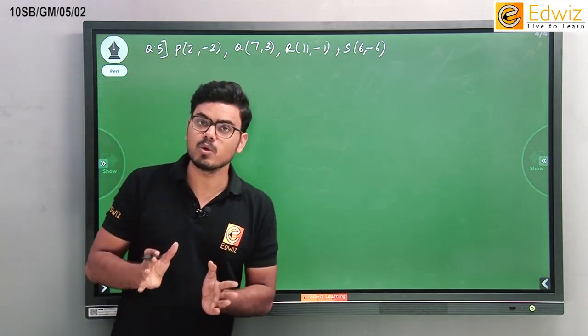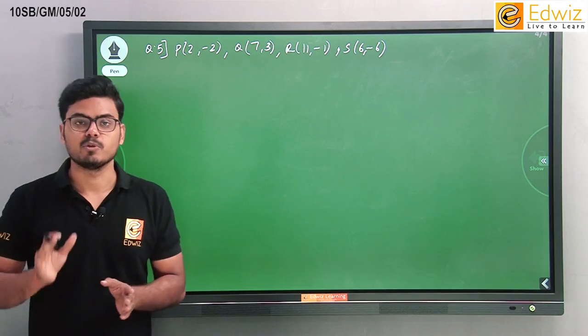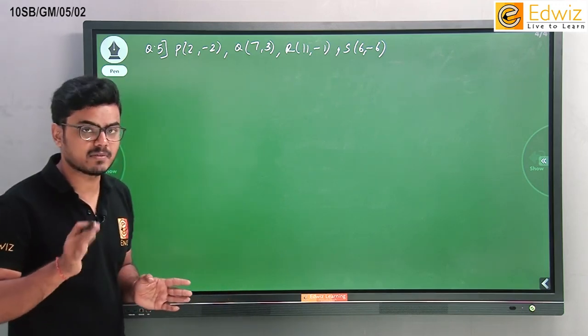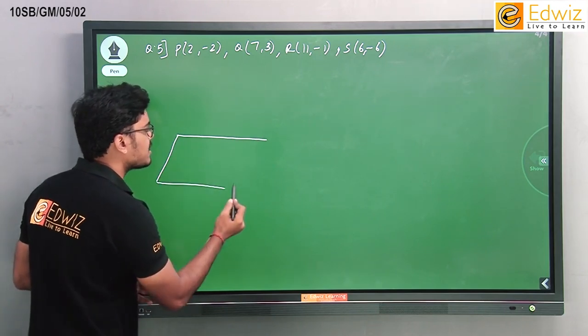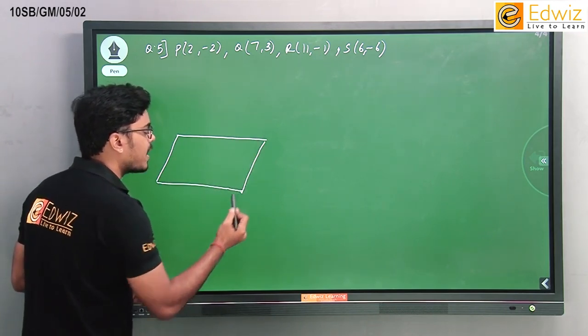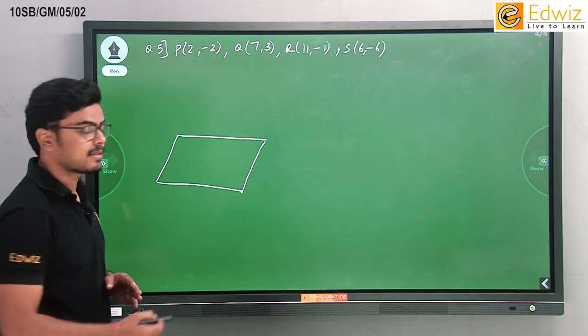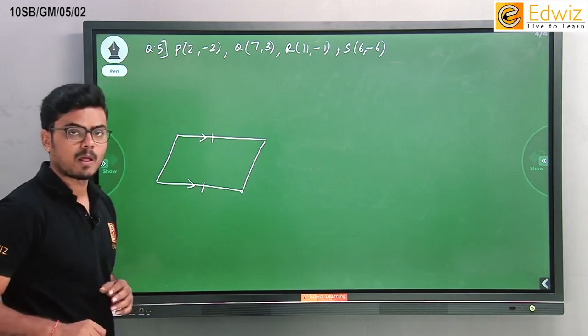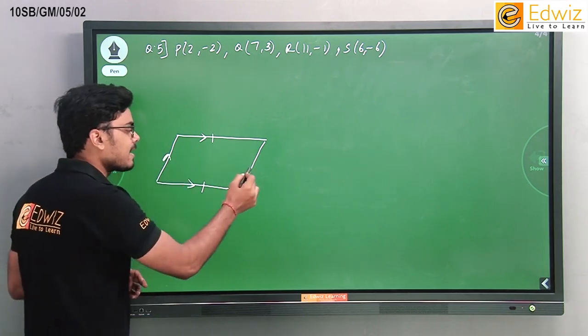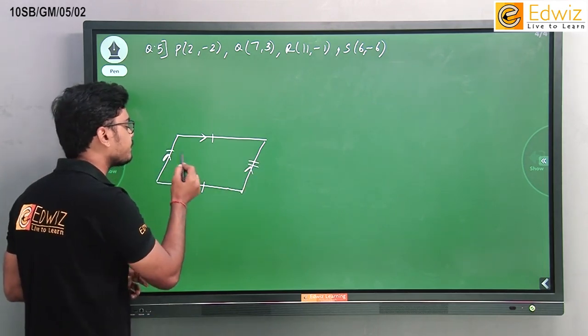For that you need to know the properties of a parallelogram. You already have studied it in your previous standards. Once again, what is a parallelogram? A figure where opposite sides are parallel to each other, but they are also equal to each other. That means these 2 sides are equal also and parallel also. Same with these 2 sides, parallel as well as equal.